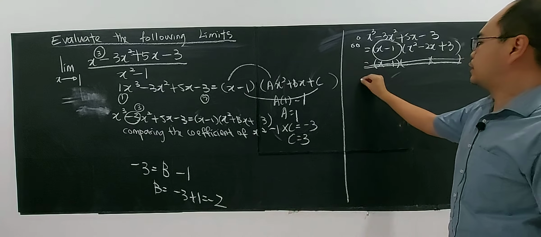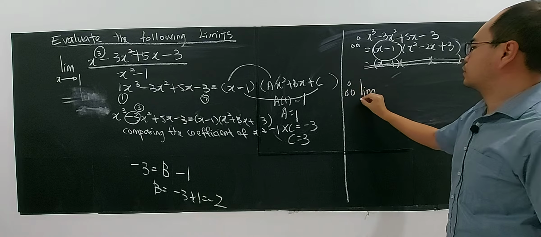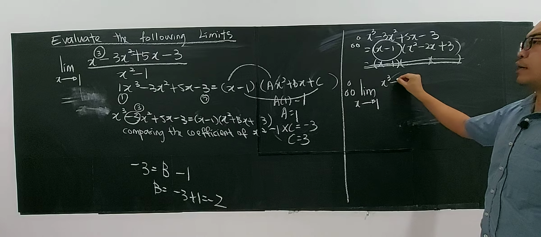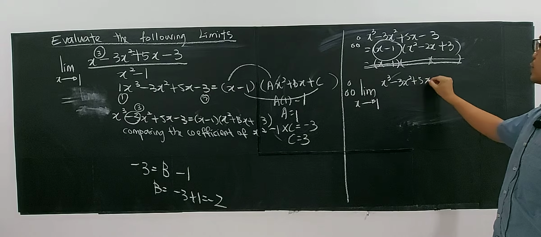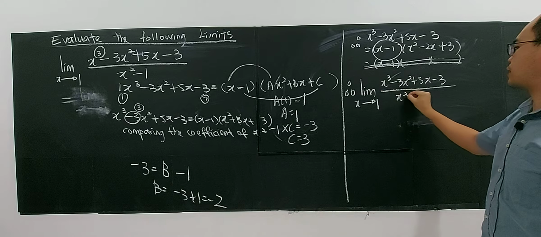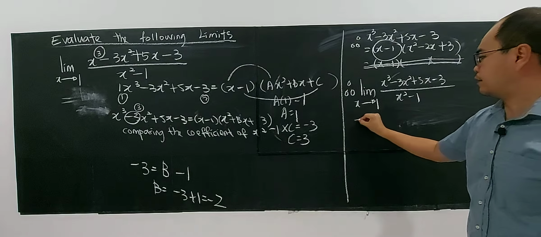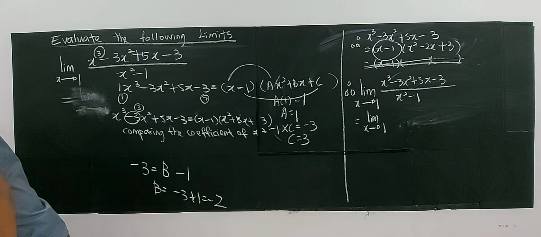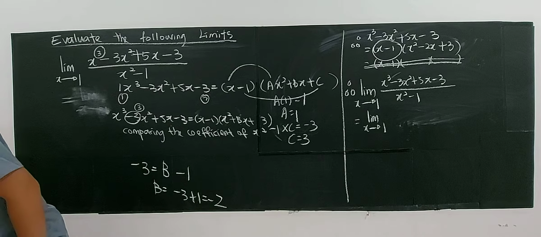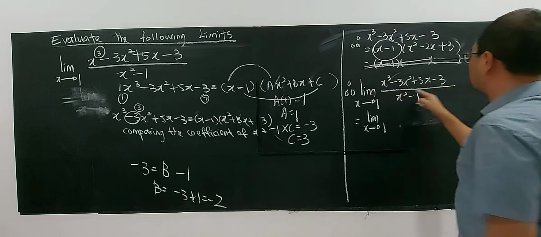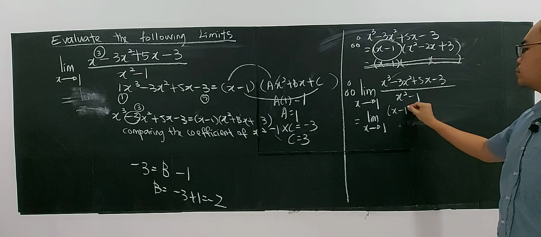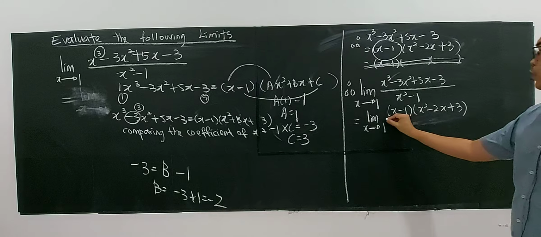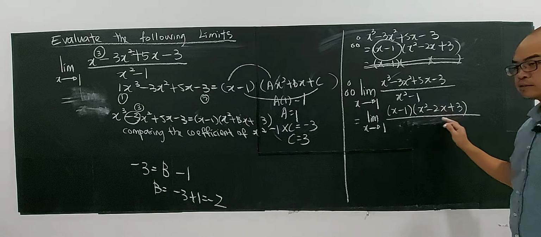Finally, therefore, the limit as x approaches 1 of x cubed minus 3x squared plus 5x minus 3 over x squared minus 1, I can rewrite this whole thing as x minus 1, x squared minus 2x plus 3, right? Over, okay, you can factorize this if you want.